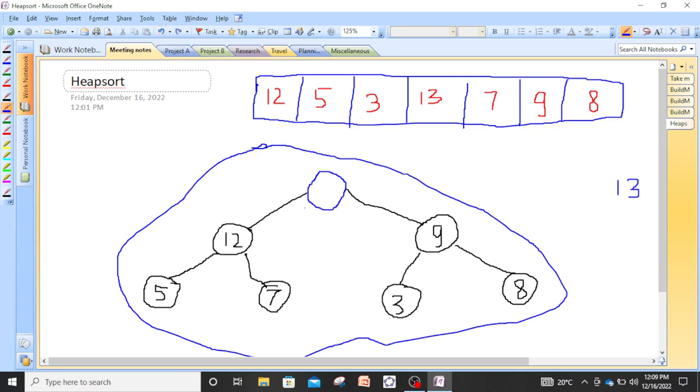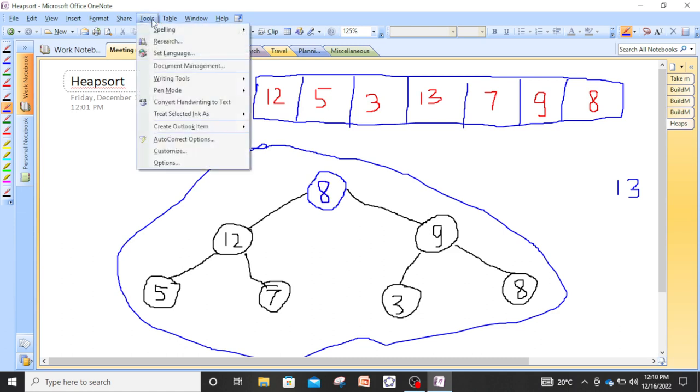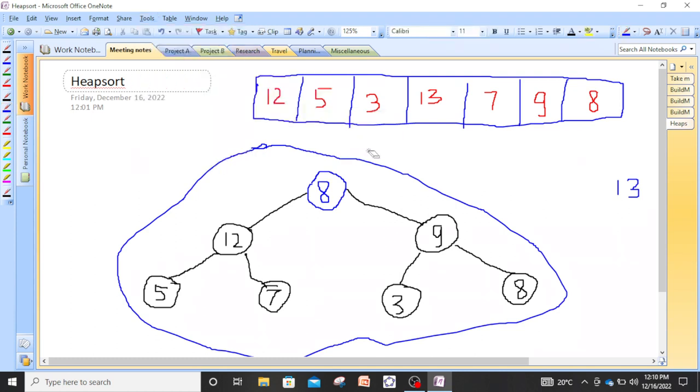So I keep 8 here. Now since 8 has been placed at the root node, the 8 at the end should be removed.